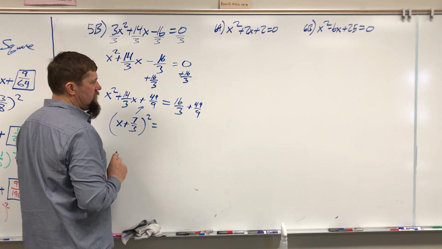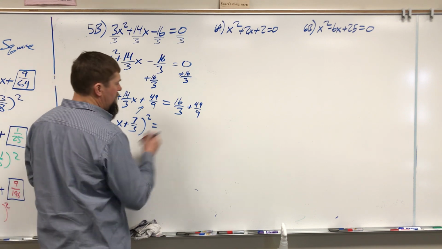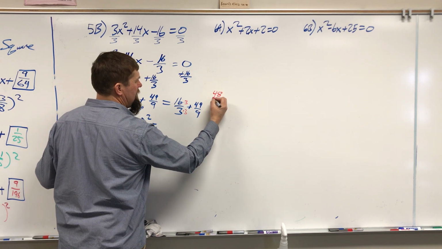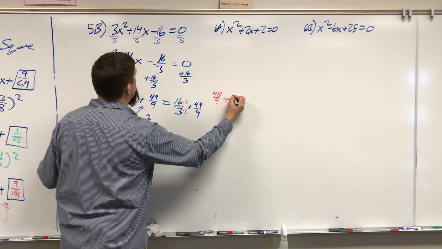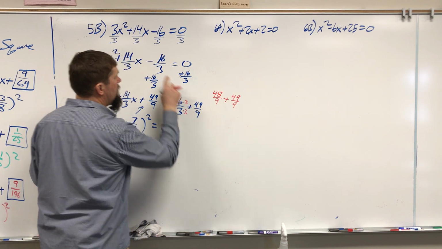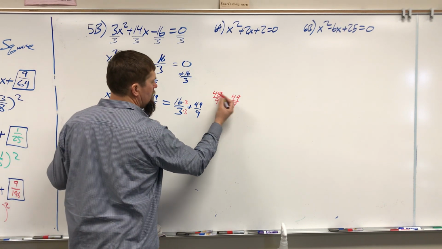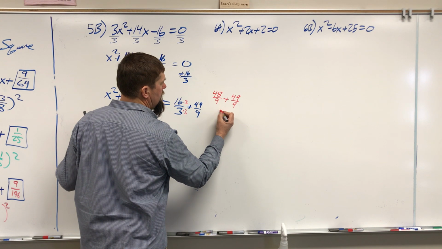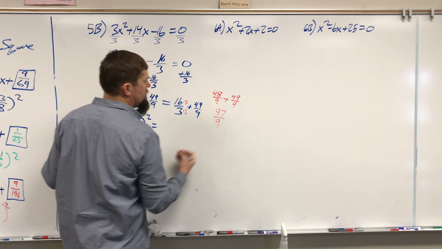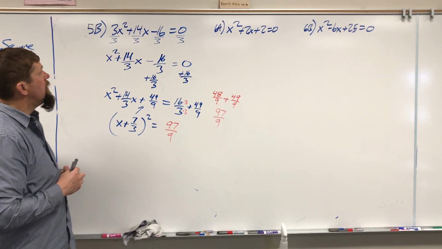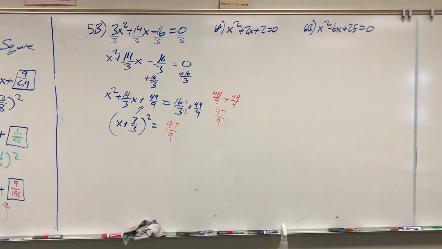Okay. To add those two together, I need to go ahead and multiply top and bottom by 3. So that is 48 ninths plus 49 ninths. Just making sure I had my signs right, making sure that was a positive. Okay, so we end up with, let's see, 97 ninths. I'm just going to double check to make sure my sign is correct from the book. Negative 16, yep. So we add that.